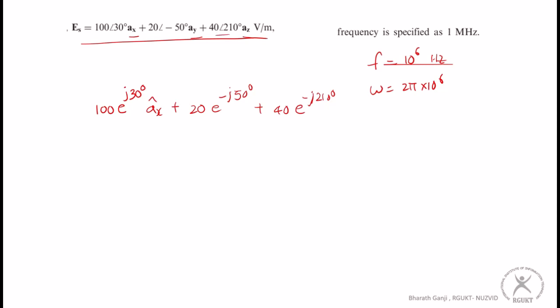This is a polar form representation, some magnitude and an angle. The same thing can be written like this: 100 into e power j 30, for x cap and z cap. You multiply this whole number with e power j omega t, and take the real part of it.